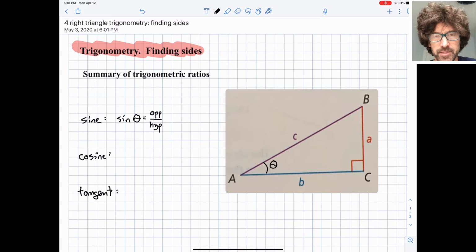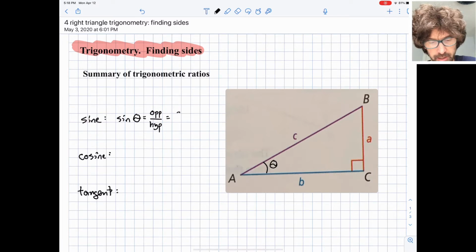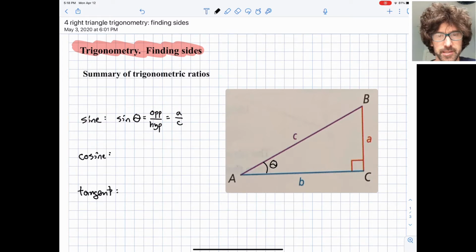In this particular case, it'll be lowercase a over lowercase c. It's always equal to the opposite over the hypotenuse. It won't always be a over c because we might be working with a different side or angle of the triangle.